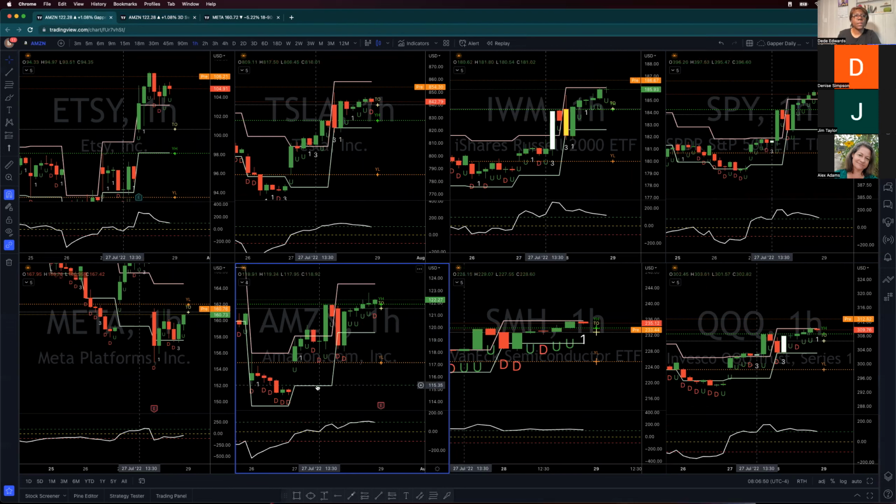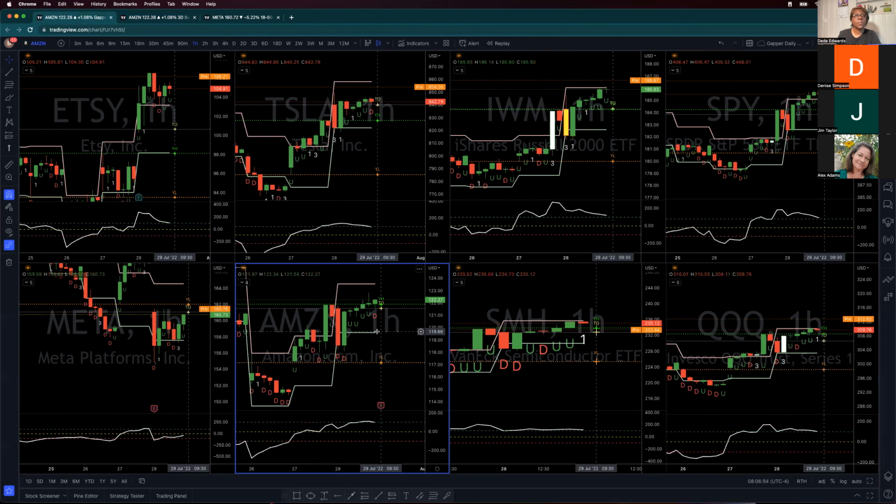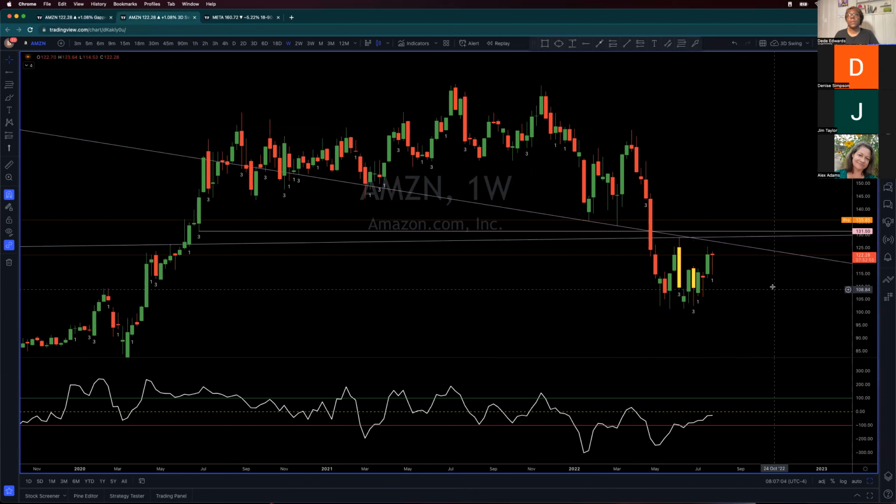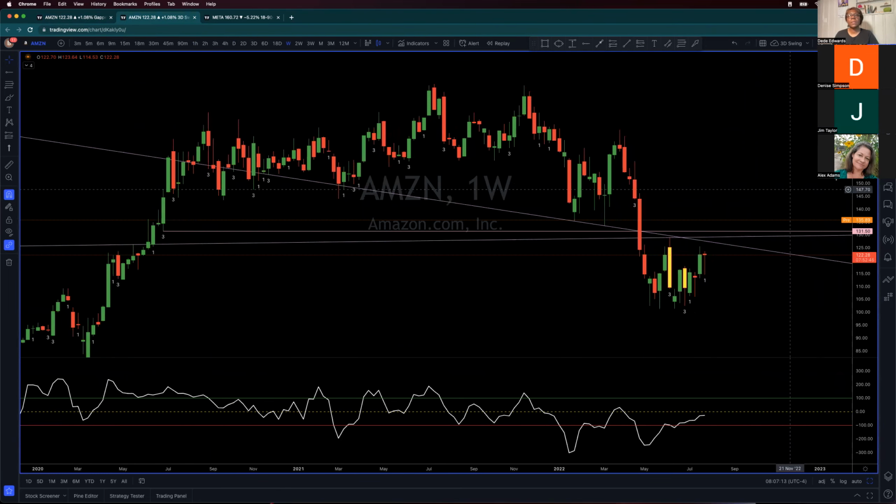Oh, I'm looking at the wrong thing. 115.32, 119. So about $4, 119, 123. Okay, so about $4, guys, and it's already above that, right? It's already $15 over its prior day close, and the ADR is about $4.